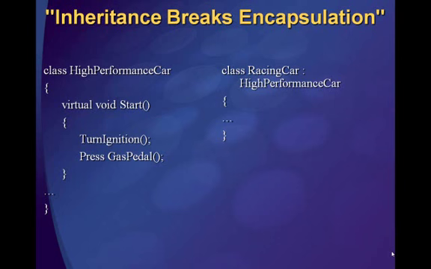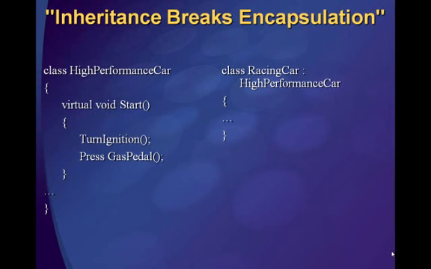Let's make this a little clearer. Let's look at our racing car example. Suppose we have a class called high performance car and racing car inherits from it. Suppose we wanted to override the start method in the racing car class. Do we need to call the start method in the high performance car class, in our derived class, or are we going to completely replace it?